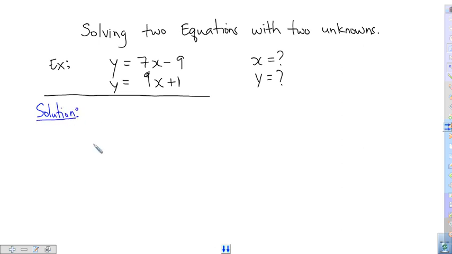For the solution, there are a couple of different methods. Let's have method 1 in green. And the first method we're going to use is called substitution.